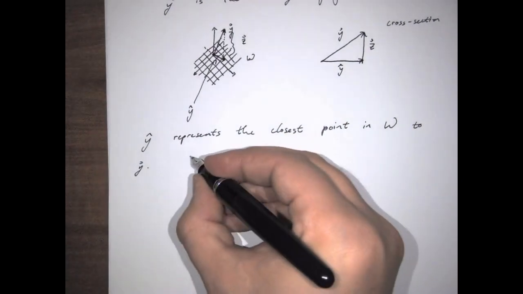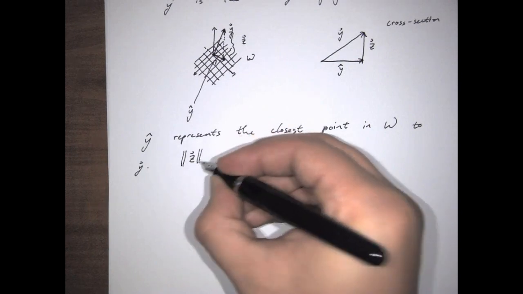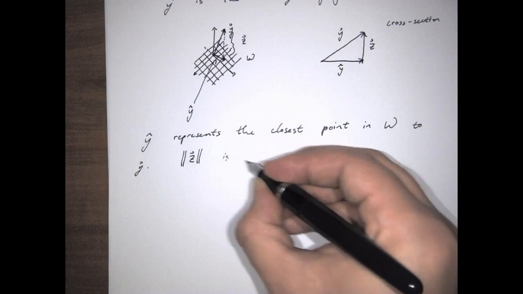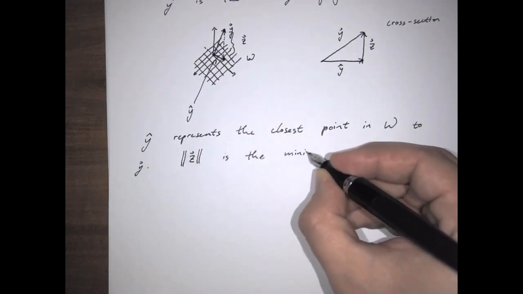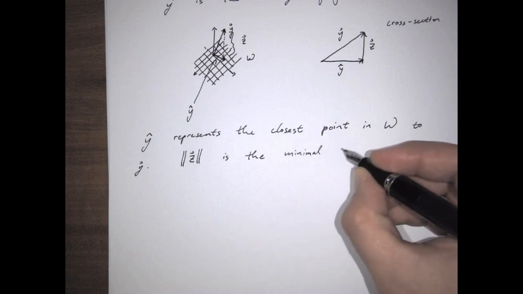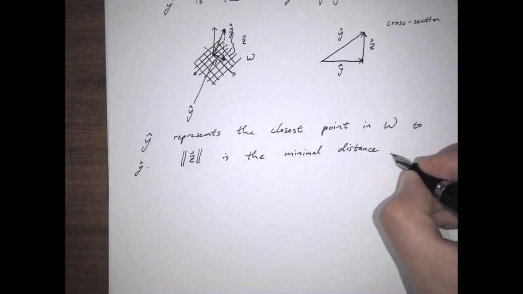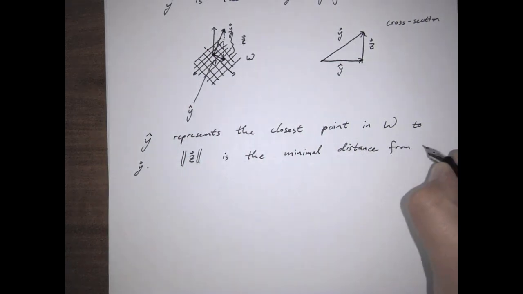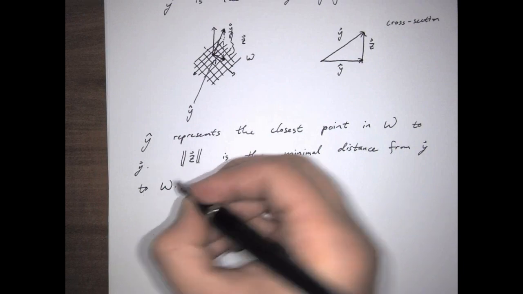Furthermore, z, the magnitude of z, is the minimal distance from y to W.